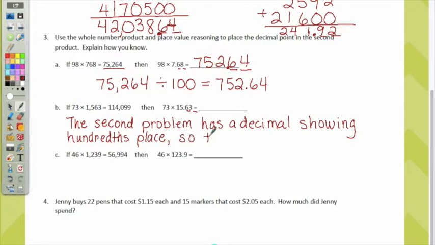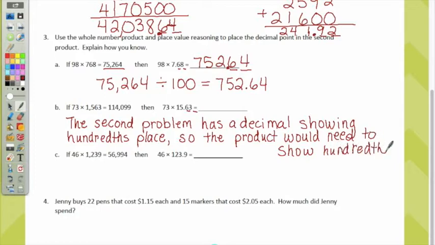So the product would need to show hundredths place. That's a lot of writing. Let's see if I skipped any words. Okay, makes perfect sense, doesn't it?